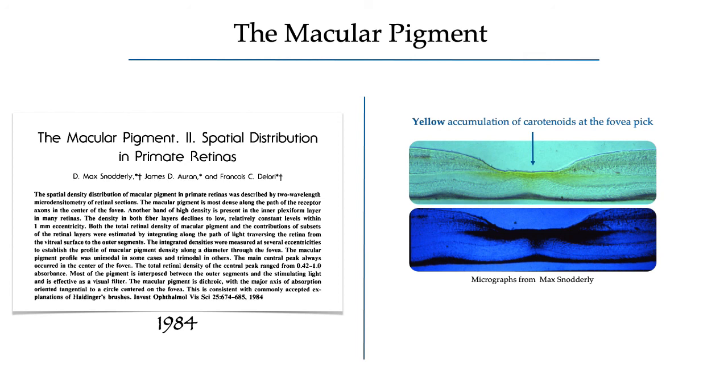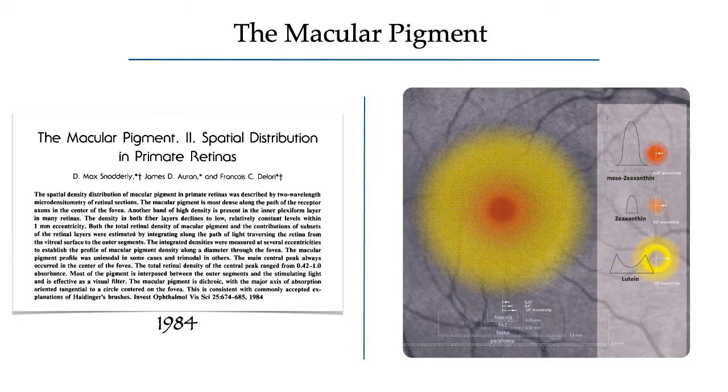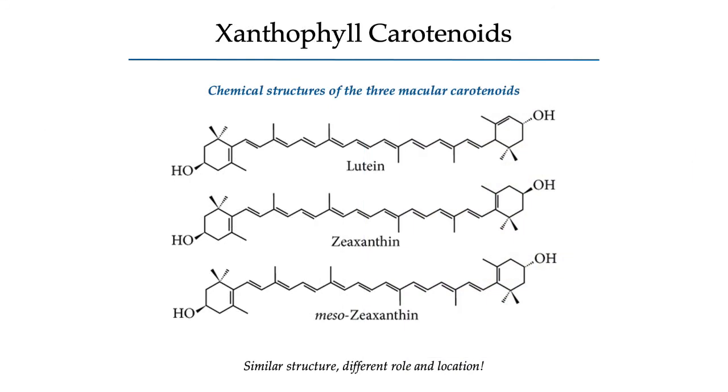But when we talk about AMD, when we talk about outer plexiform layer, we have to introduce the last topic, which is the macular pigment. In fact, the macular pigment is this kind of yellow accumulation of carotenoids. These carotenoids could have a different topographic distribution, even if they have similar structure, but of course the role and the location at the level of the retina is different.